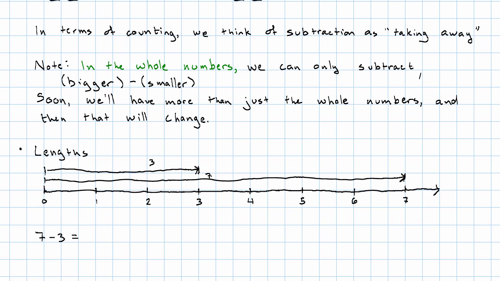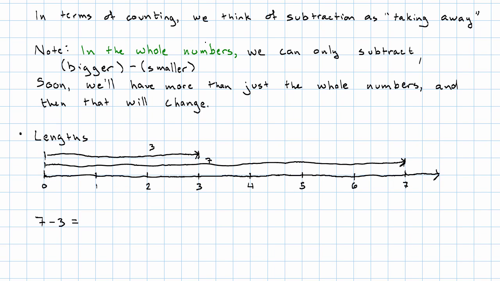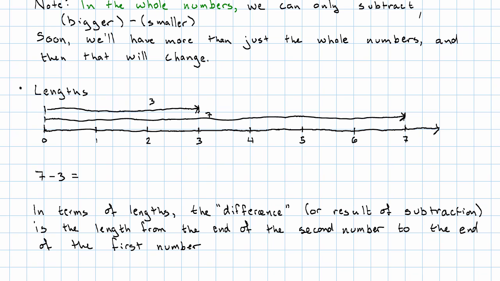In terms of length, I'm going to say that 7 minus 3 is going to be the length from the end of 3 to the end of 7. In general, in terms of lengths, the difference is the length from the end of the second number, in this case 3, to the end of the first number, in this case 7.